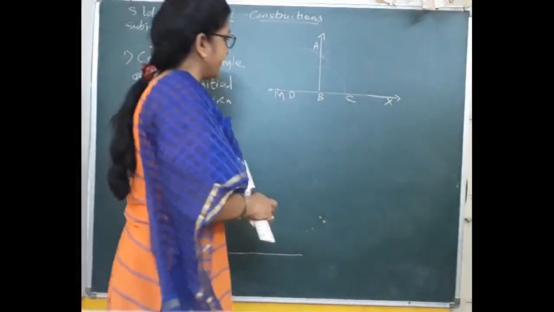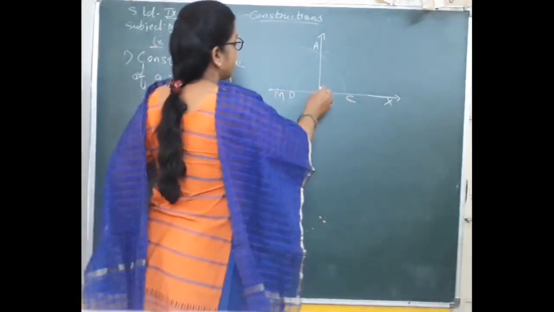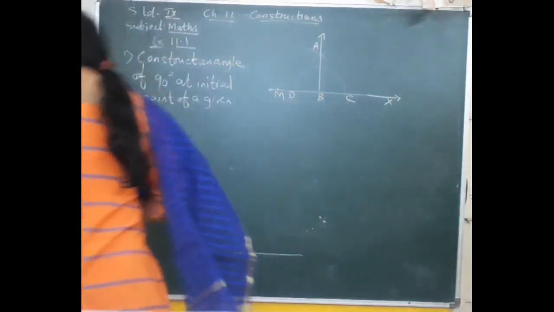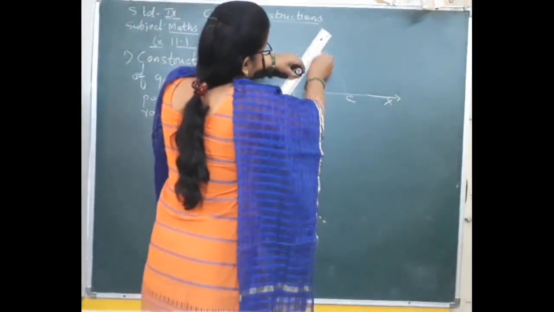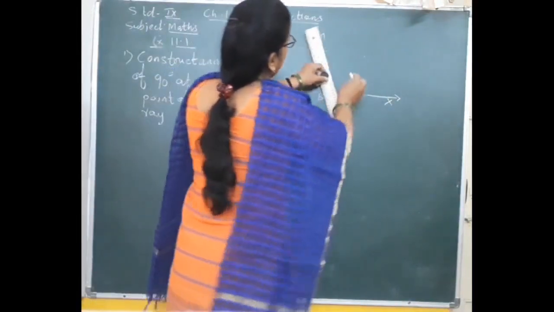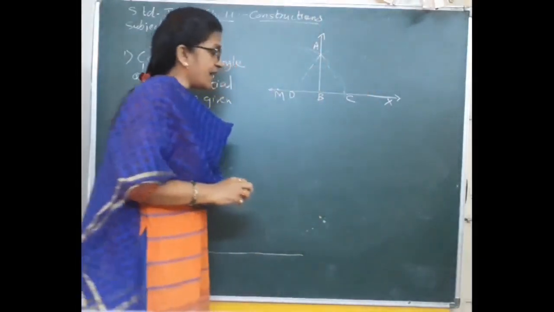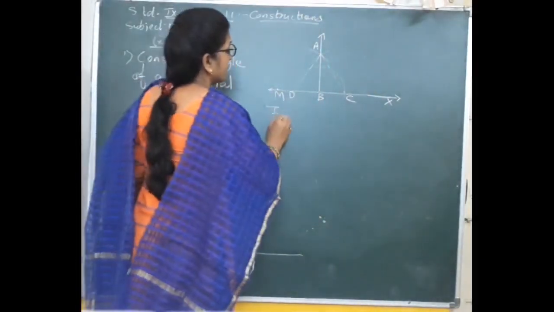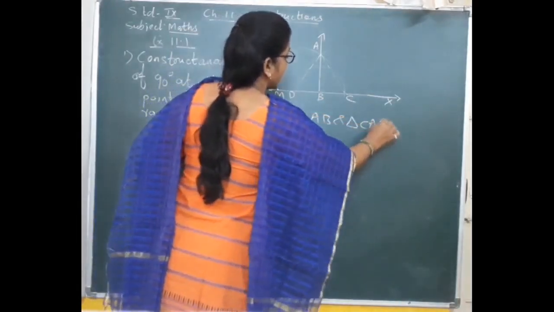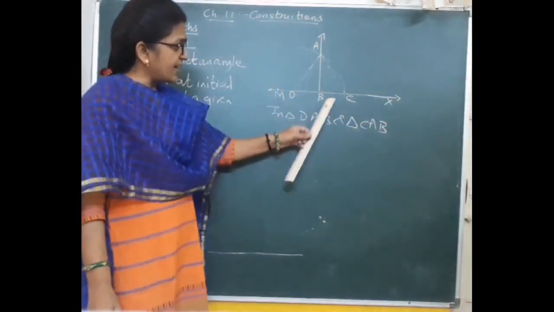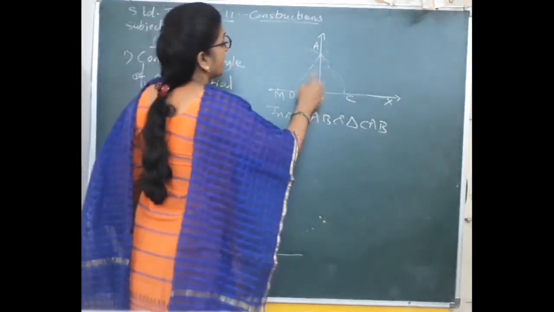So this is our required angle. Now we have to justify that the measure of this angle ABC is 90. For that, join DA as well as DC. Now in triangle DAB and triangle CAB, what we have done is we have drawn these arcs.